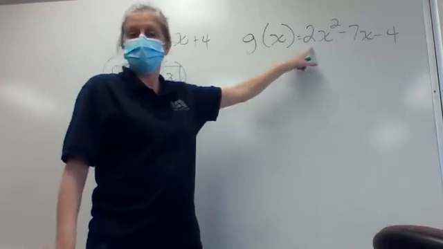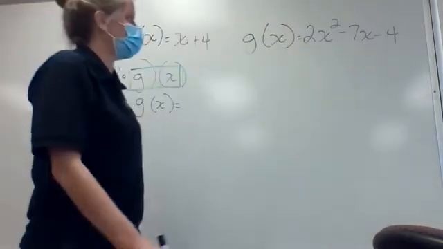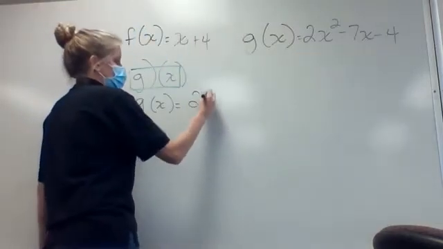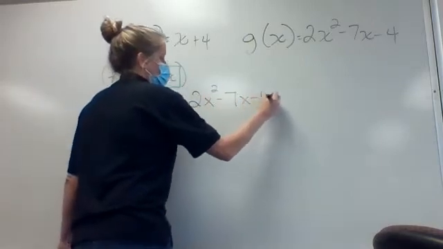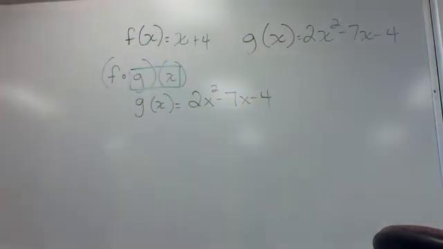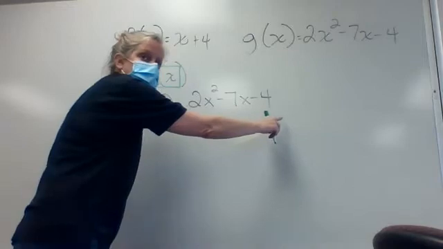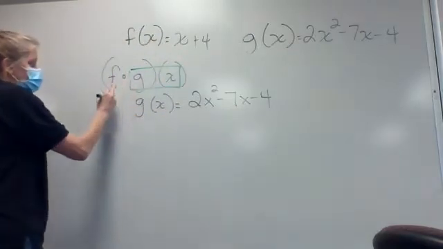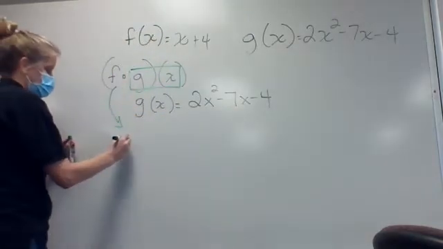All this: 2x squared minus 7x minus 4. That's as far as I can take that, right? Nothing can combine there. So I'm dropping down my f.